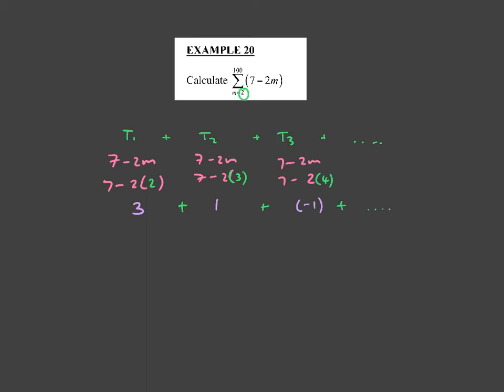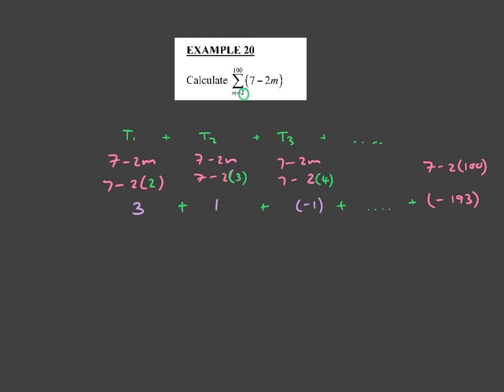And then we have the value of the last term. You can work it out if you want to. So in other words, 7 minus 2 times 100, 7 minus 200 is then equal to minus 193, I think, right?